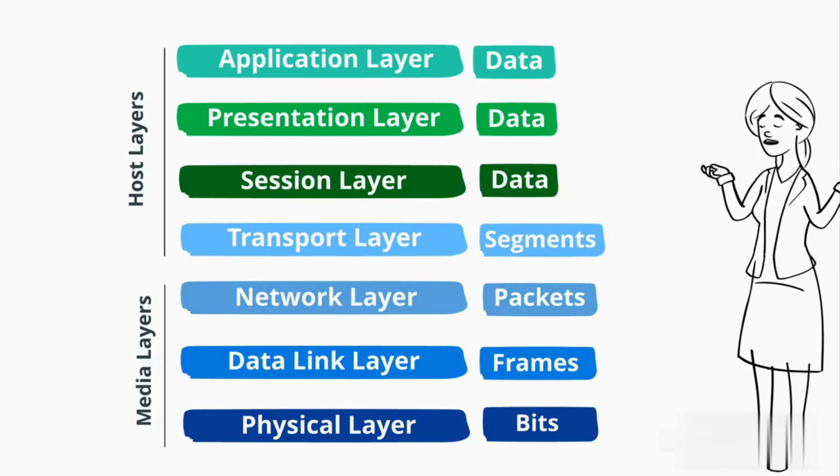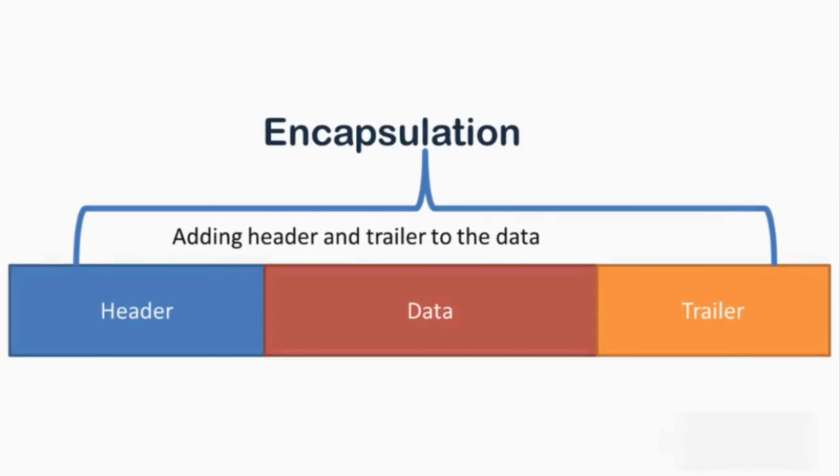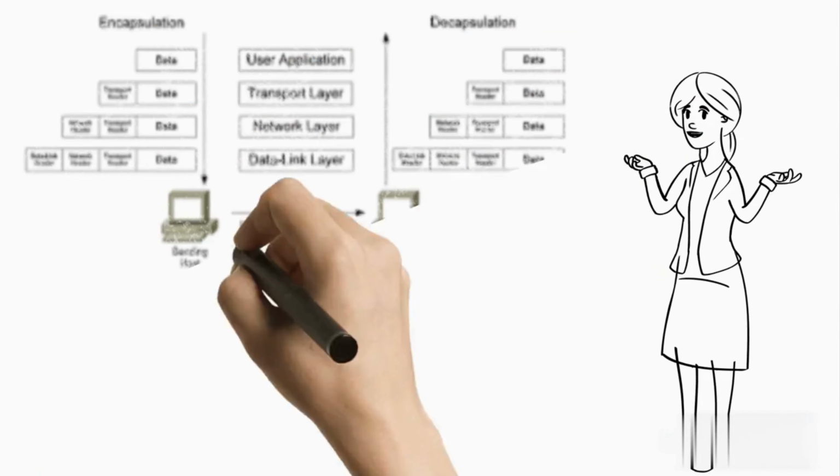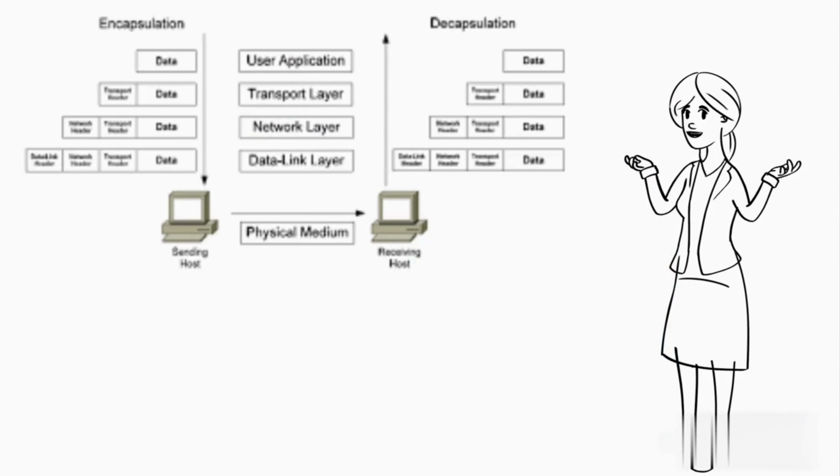Encapsulation. Encapsulation in networking is the process of adding additional information, usually protocol headers, to data to prepare it for transmission. Each layer of the OSI model adds its own information to the data, and the receiving party performs decapsulation. During decapsulation, the protocol headers are read and removed, and the data is passed up the layers until it's fully restored to its original form.